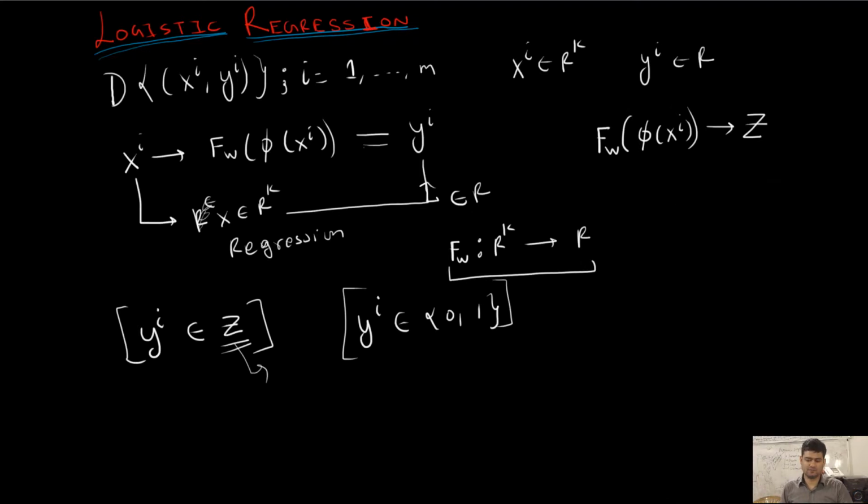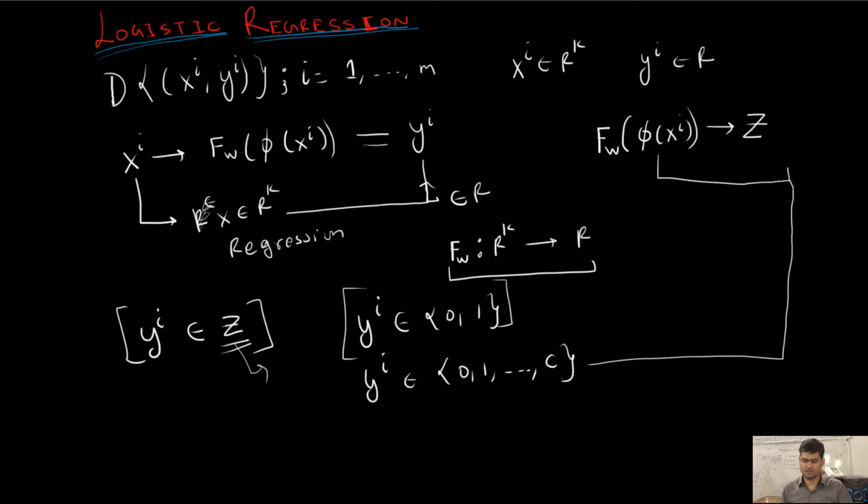So f maps x to y, so y can assume c different discrete values.